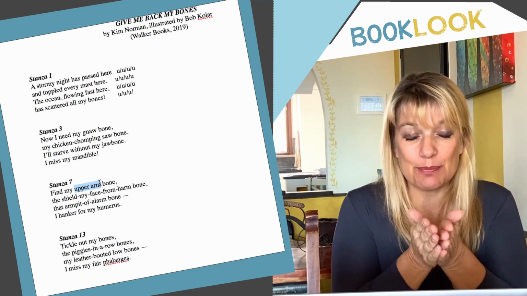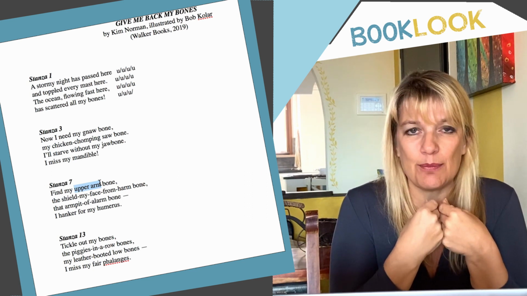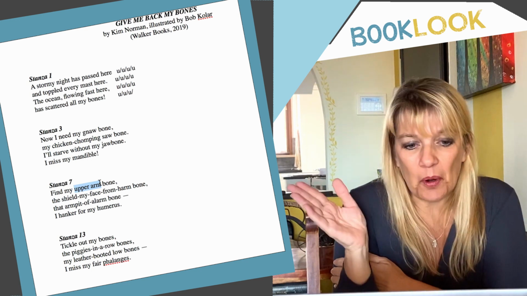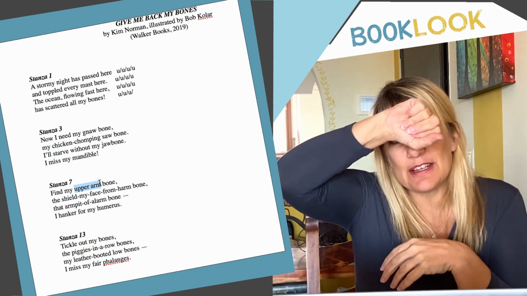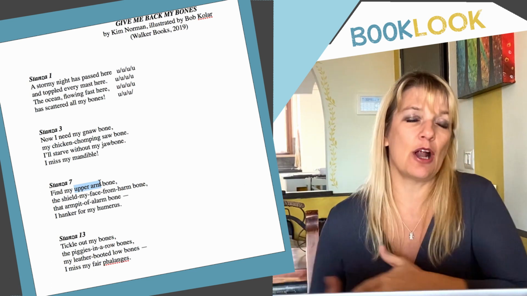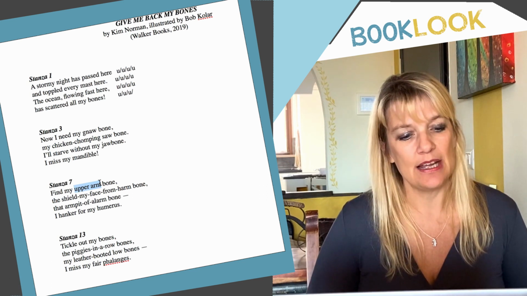That's what's so much fun about this, the continually surprising ways that she came up to describe these things. So it's just my upper arm bone. All right. The shield my face from harm bone. That's so perfect. And the armpit of alarm. She adds in a lot of humor here as well. I hanker for my humerus.